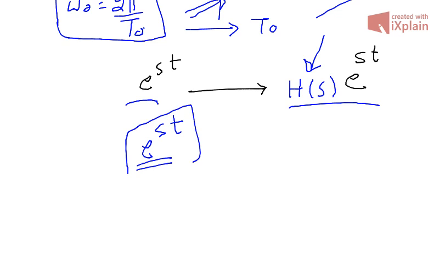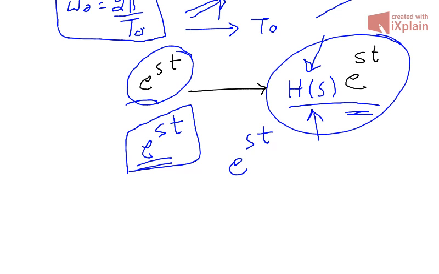A signal, this one e raised to the power st, for which the output of the system is some constant times the input, that signal is known as the eigenfunction.